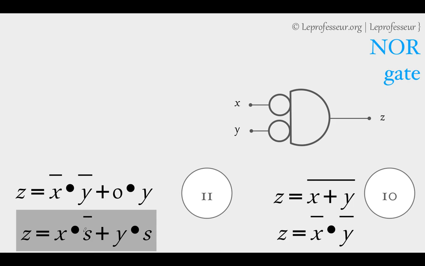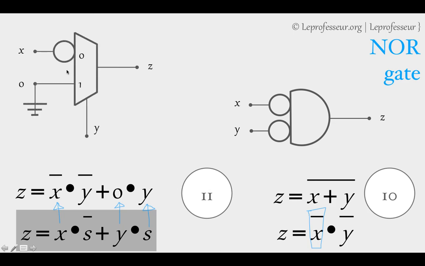So if we replace the select line S with the second input Y, connect the second input line to 0, and connect the first input line to the inverted logic of the first input, because of the equation 10 as we came up with, and then reduce down to X bar dot Y bar, we achieve the desired function.